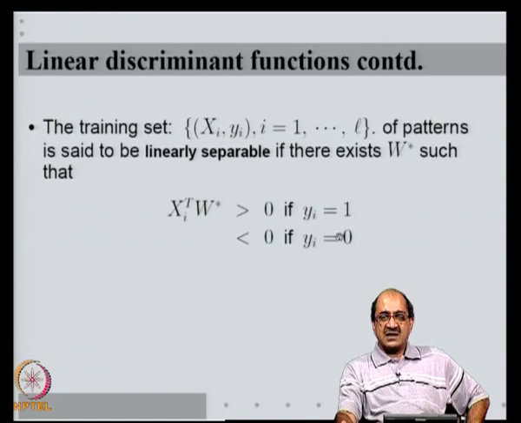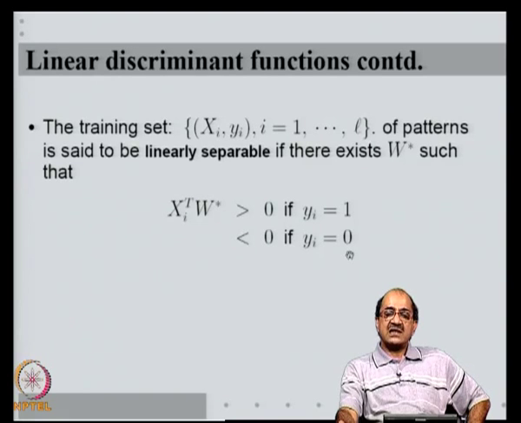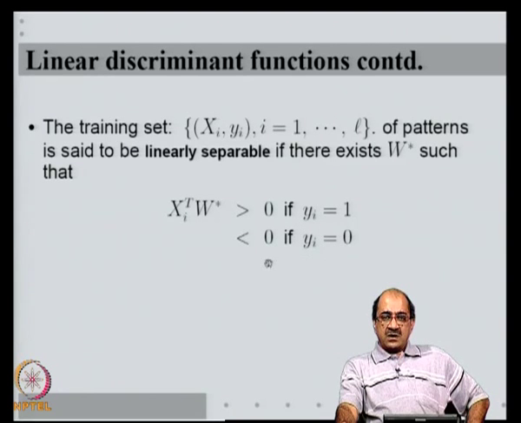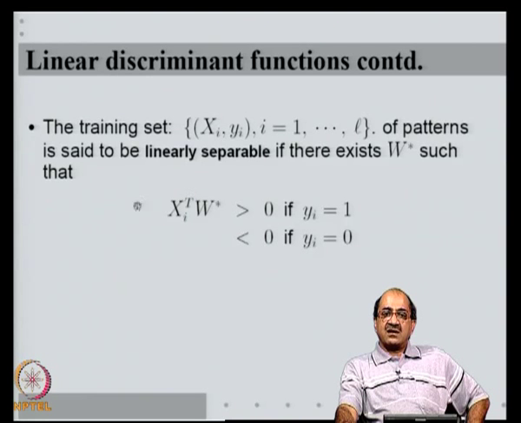Of course, the labels 0 and 1 are arbitrary; which I call class 0 and which I call class 1 is arbitrary. So essentially, if there exists a w such that x_i transpose w star greater than 0 means one class, less than 0 means another class. If such a w star exists, then we call the set a linearly separable set.